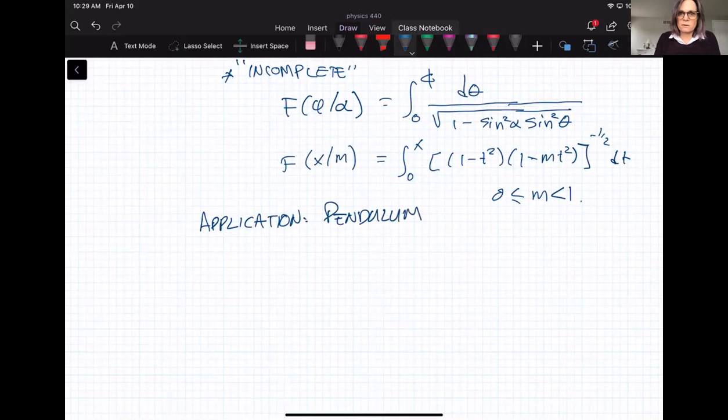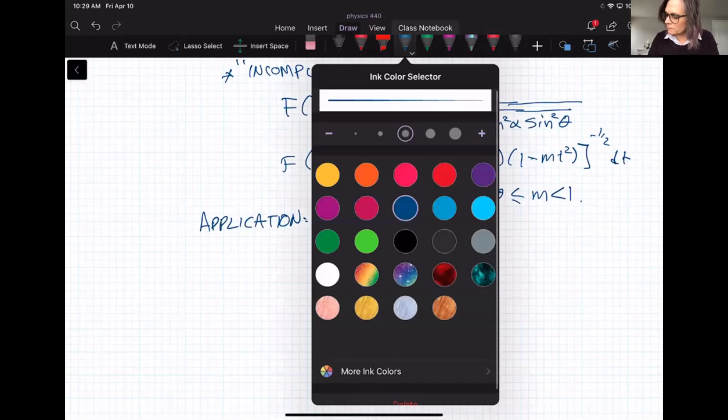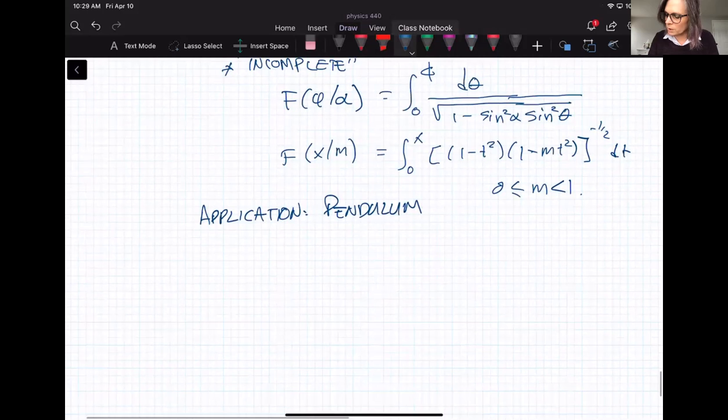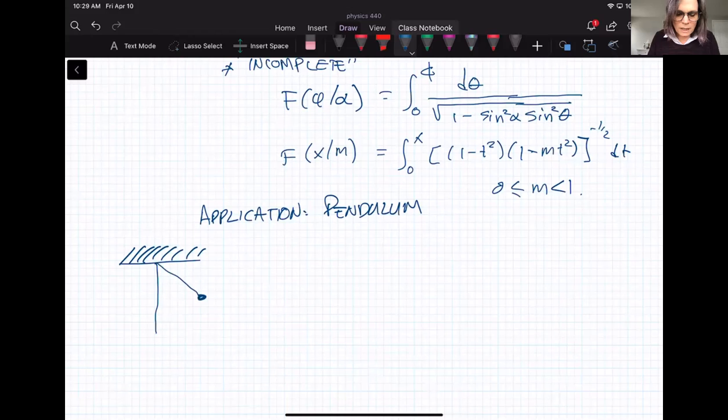Okay, so this is kind of an opaque but kind of interesting view of how we do the pendulum problem. So if we start with our usual setup of a pendulum, a starting angle alpha, an instantaneous angle theta, and a mass m.